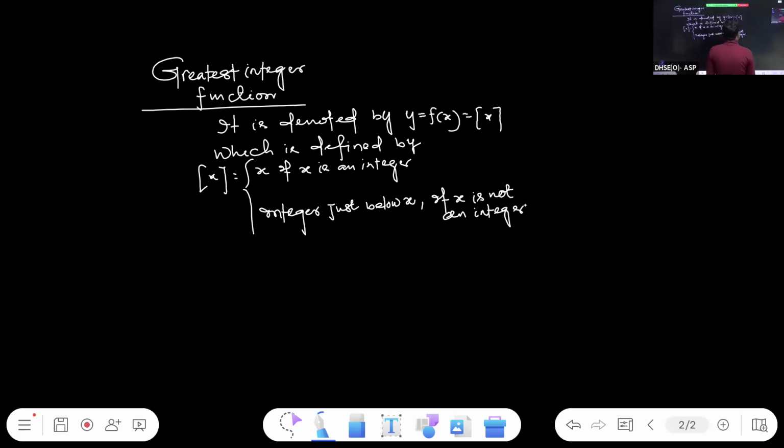Bracket x is equal to x if x is an integer, and the integer just below x if x is not an integer.